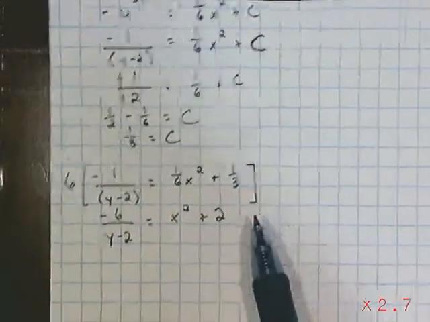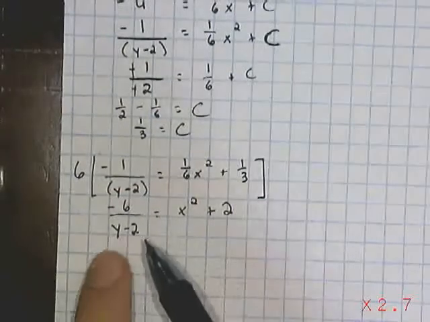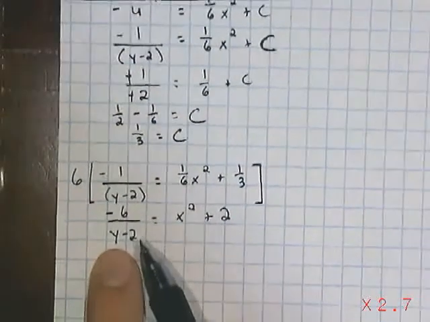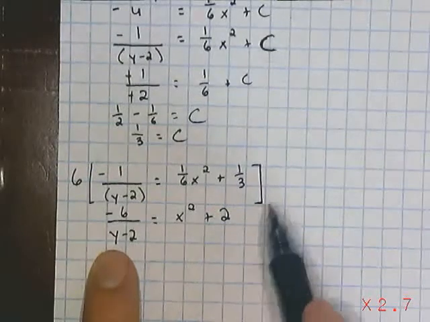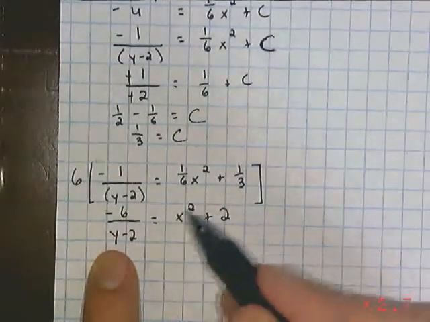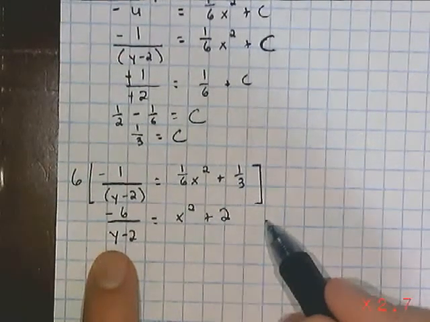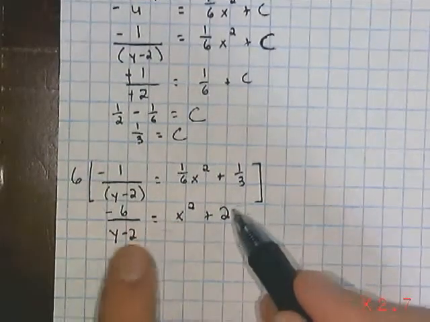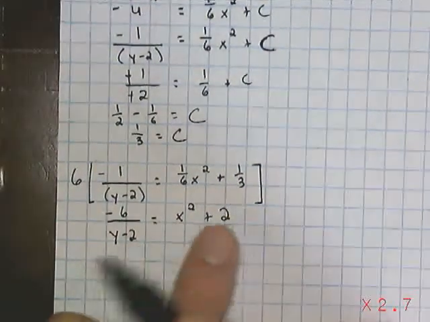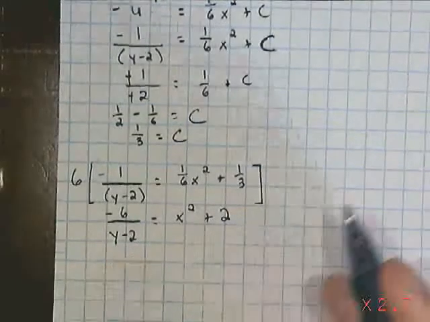Now what we're going to do is we need to get the y by itself, so we need to get it out of the denominator. So we're going to multiply both sides by y minus 2. We can imagine that happening. We have a binomial times a binomial. But then we're going to divide both sides by x squared plus 2. So what's going to look like it happens is we just swap. Okay, we multiply and then divide.